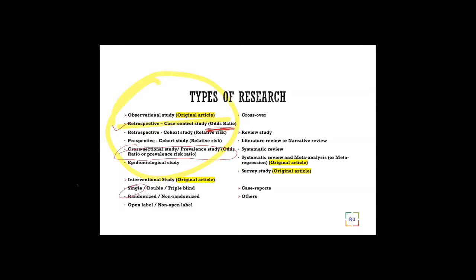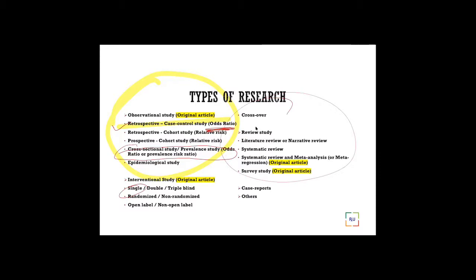Once you have the idea of how to do research, you can learn more about what types of biases exist, and we will cover a little of that when we cover review studies, which is the second type of study you can do by yourself. Those biases are something you need to reduce whenever you perform any study. So single blind, double blind, and triple blind are the various types of intervention studies.